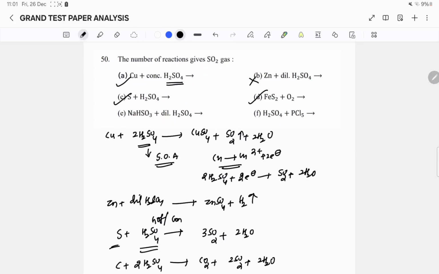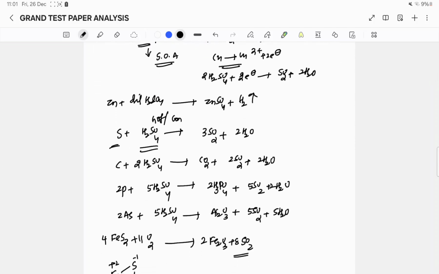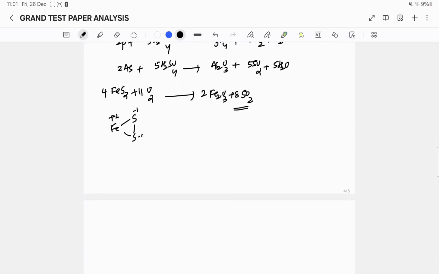Similarly, we will check NaHSO3 reacted with dilute acid, student. This NaHSO3 reacted with dilute H2SO4 gives the products: NaHSO3 will be converted into NaHSO4 plus SO2 plus H2O.